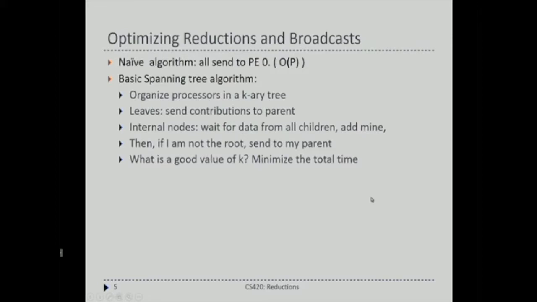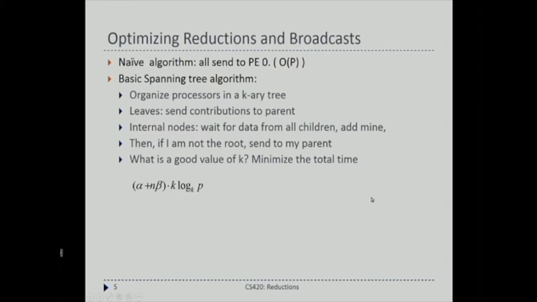So now if you look at a simple analysis, let's say you're doing a vector reduction, where the vector is of size n, so alpha plus n beta is the cost of each message. Now you're going to get k messages at each level of the tree, right? Each internal node is going to get messages from its k children, and then it's going to send one message up. So let's just say k messages.